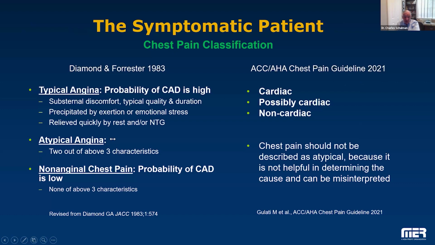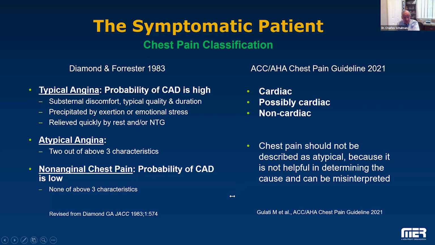And people have been using atypical chest pain to describe almost everything that's not this, but anywhere from there to here. And the new guidelines suggested that you shouldn't use that because it doesn't help you to determine the cause, and it may be misinterpreted.